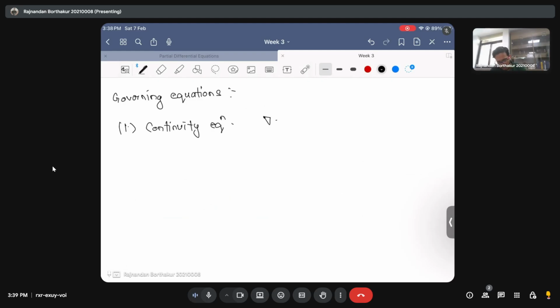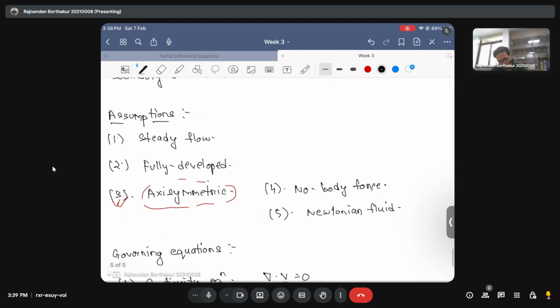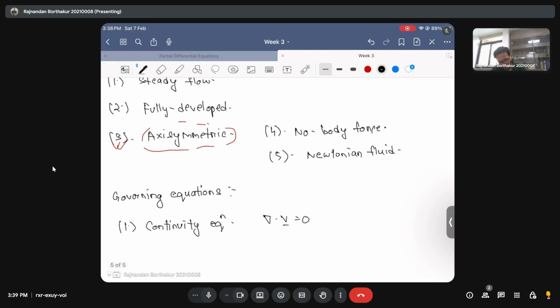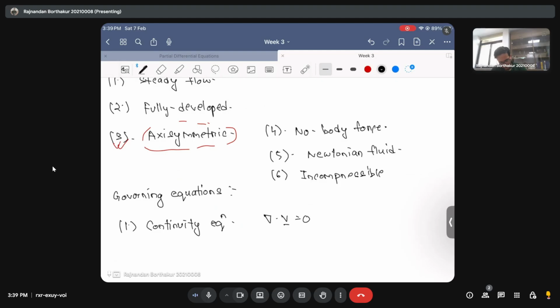It is just that the divergence of the velocity field is zero for an incompressible fluid. Throughout this course, unless mentioned otherwise, we will consider the fluid to be incompressible as well, such that this divergence form of the continuity equation holds good everywhere.